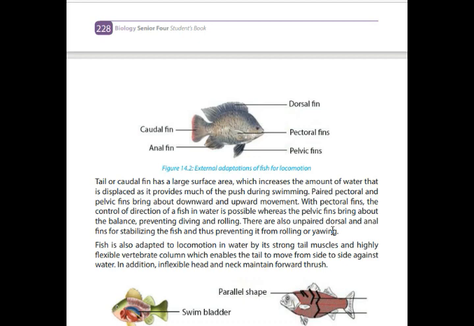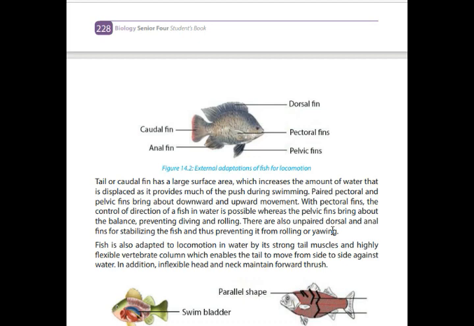In addition, an inflexible head and neck maintain forward thrust. It has an inflexible head and neck which maintain forward thrust.